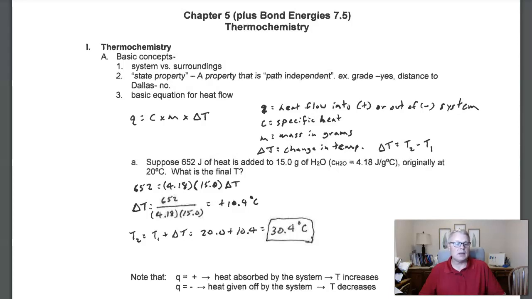The distance from here to Dallas, would that be a state property? Well, no, because that's path dependent. Maybe I get on I-20 and drive all the way there, get into South Dallas and then drive north. Or maybe I want to take the scenic route.